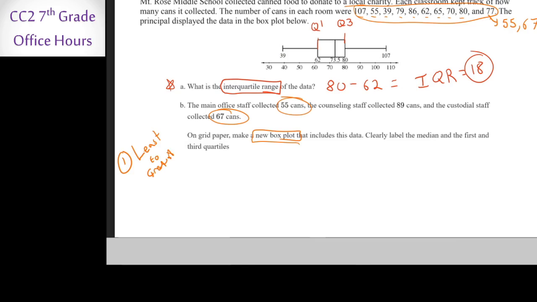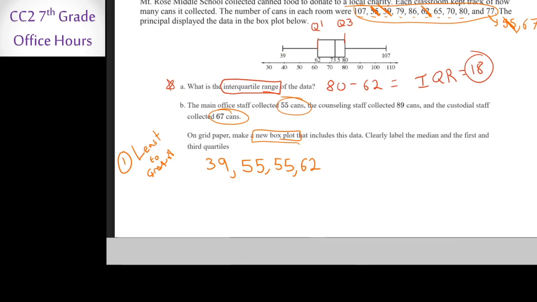So I'm going to list out all 12 of these numbers in order from smallest to greatest. So 39 is going to be first, and I always write it out and then just cross things out as I go. So 39 is the smallest, and then after that it goes up to 55 and 55. So then there's 2 copies of 55. Okay. And then you just keep going. You've got 62 is next.